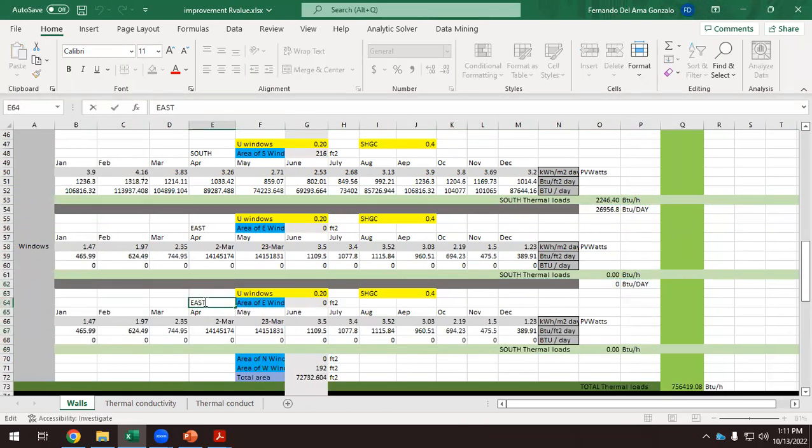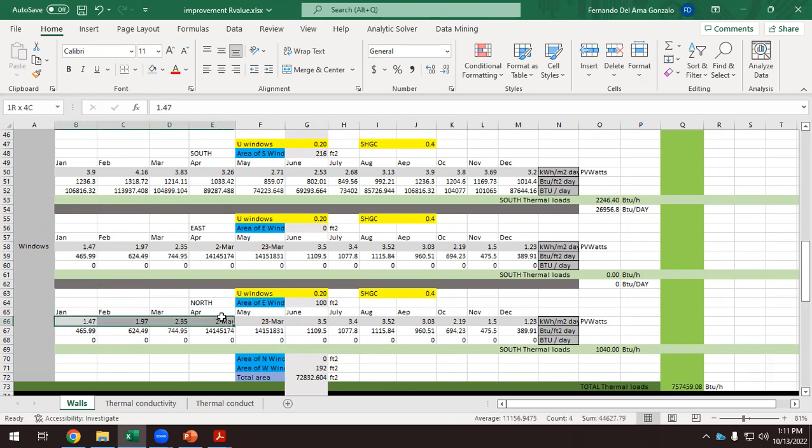So this is north. So in the northern windows, the area, it's whatever. Imagine that we have 100 feet. We have the U value and the solar heat gain coefficient. Now in this row, I have to type the values from the PV watts.